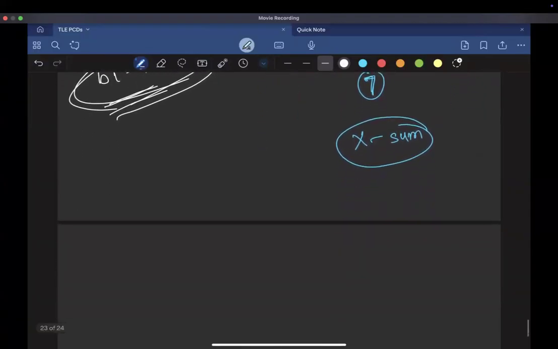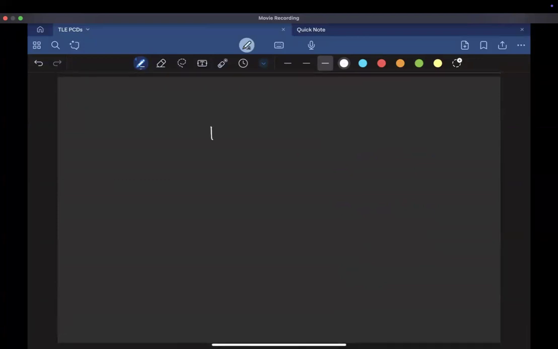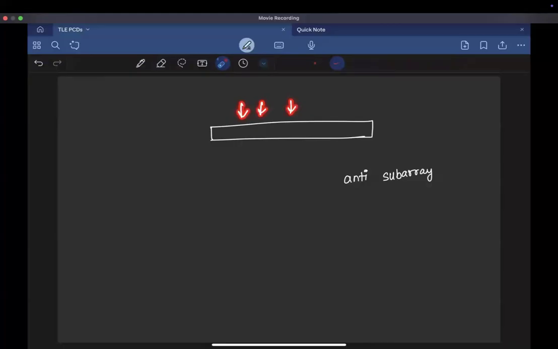Right. So the idea that came up in my mind for solving this problem was, for having an anti subarray, what you need is, among all the elements that you have chosen, there must be a hole in the middle. Basically, there must be an element between these people, which is having some elements picked up from the left of it and some elements being picked up from the right of it.